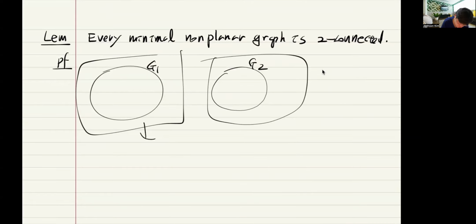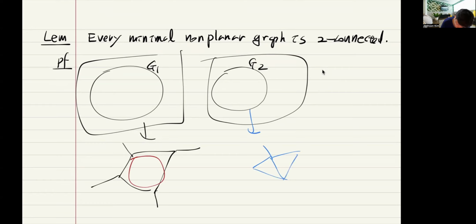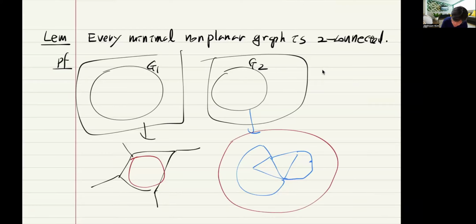Then you draw G1 first somehow, and then you take one face. And then you draw G2 on another plane. Since they are finite graphs, you can take a large disk which contains the whole graph, the whole curve and whole point.